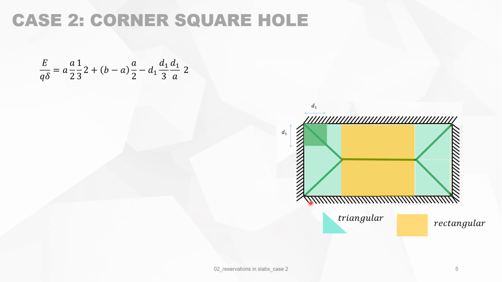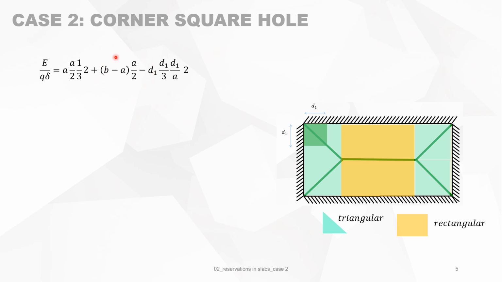So what we obtain then is, in the beginning, the triangles, which is A times A over 2 times 1/3, because it's all about triangles. We take this side, ignoring the hole. That's why there is 2. Now we take the rectangles, which is A times B minus A times A over 2.